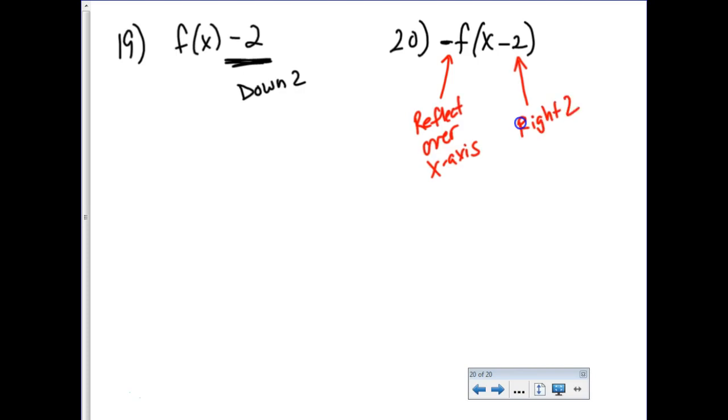Order is not going to matter in that question, so just make sure that you perform those two transformations to each of the corners, and then you'll have a new function to look at. All right, I think I covered them all. Good luck.